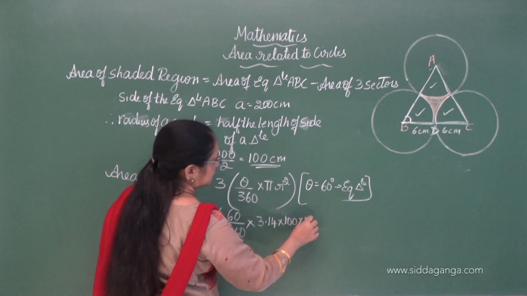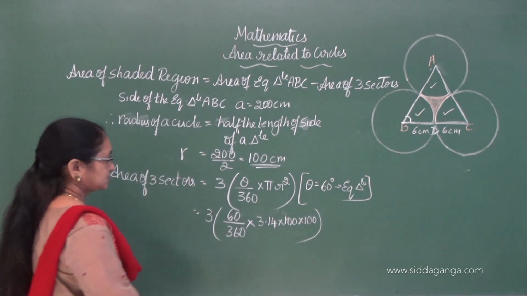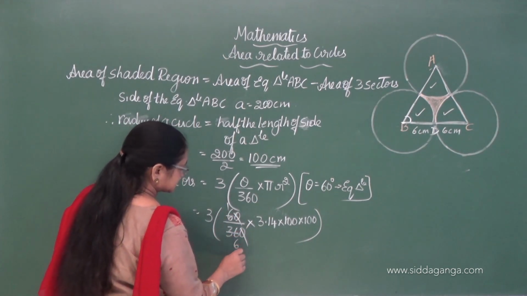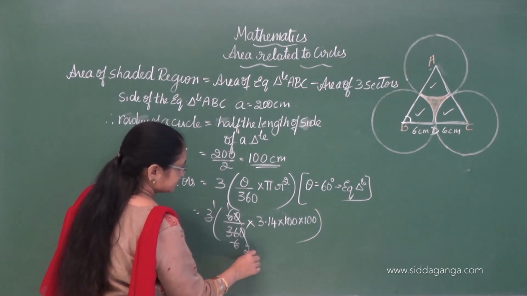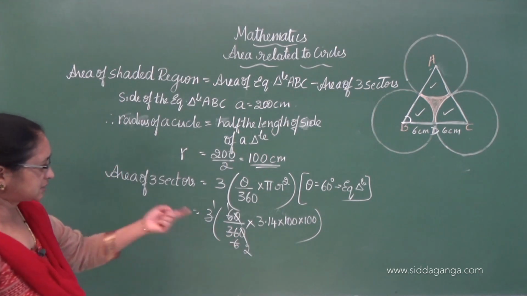R is 100, so 100 into 100. Now if you simplify this, 6 ones are 6, 6 sixes are 36. Then 3 ones are 3, twos are. Now you can cancel that also.